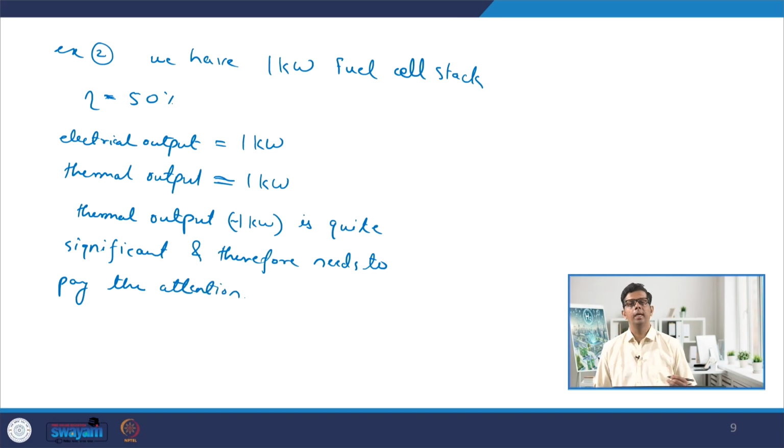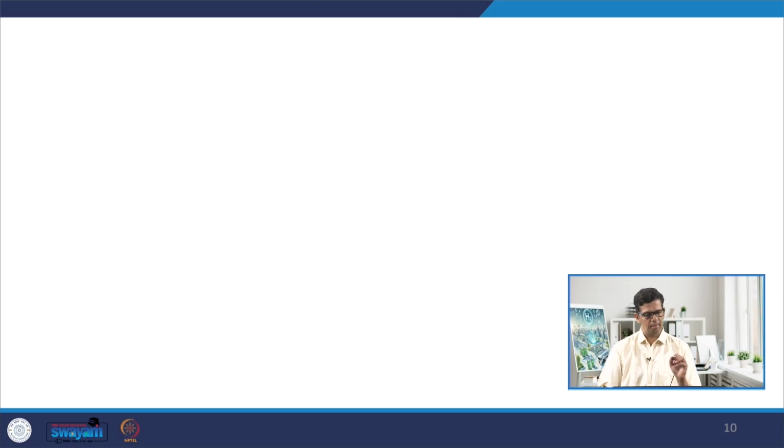So, what if this heat is not given that attention, or it is not given that significance? What happens is, let me show it graphically or schematically.